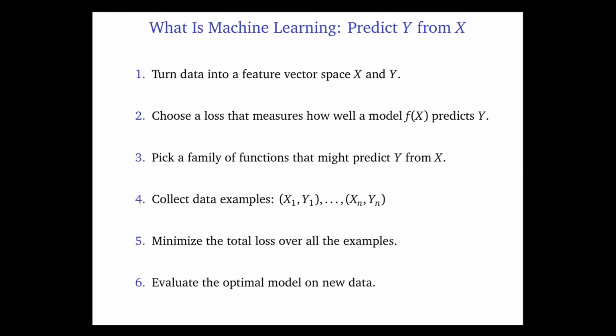Step 3 is to pick a family of functions that might predict y from x, because all we have are usually discrete, isolated observations. They are not linked together. In order to predict some unknown new instances, you have to link them. And they're usually parameterized by certain variables to represent the family of functions.